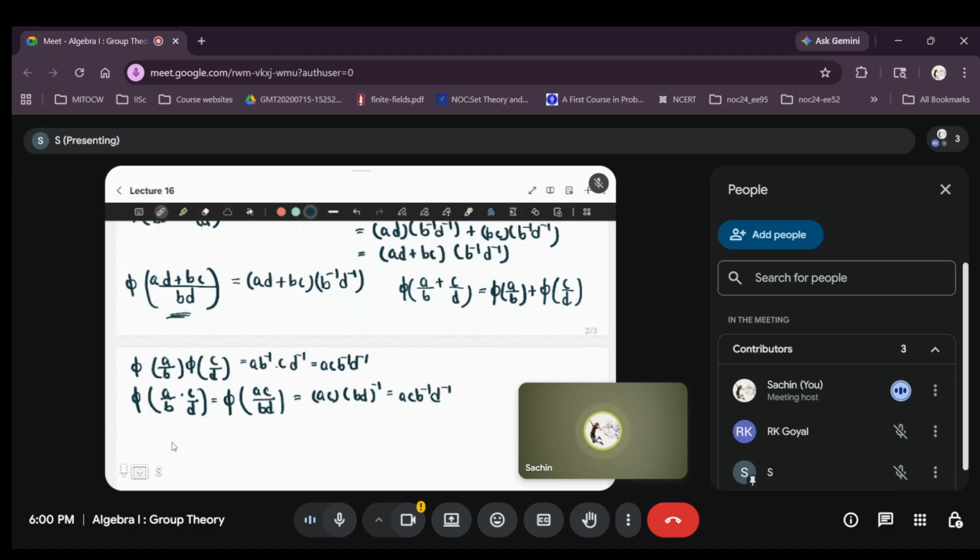If it is not commutative, it would have been D inverse B inverse, but because of commutativity, it's just B inverse D inverse. So phi of A by B into phi of C by D is equal to phi of A by B into C by D.